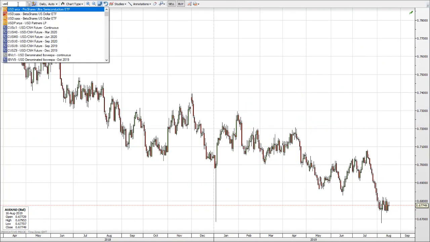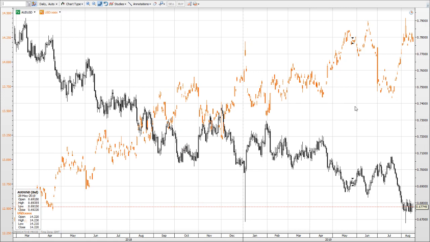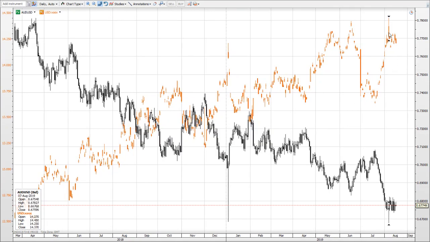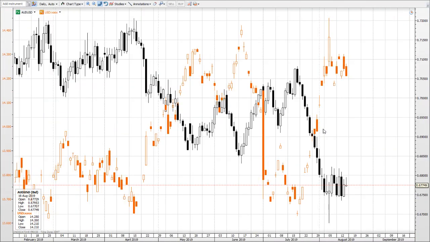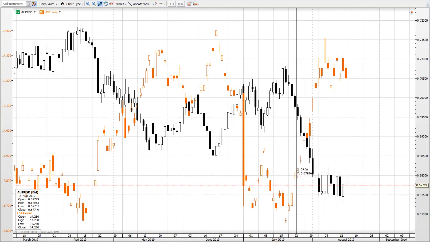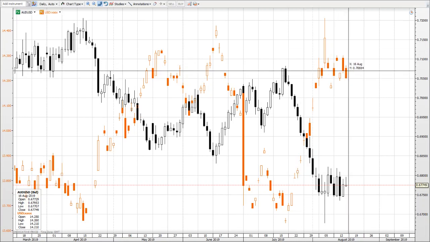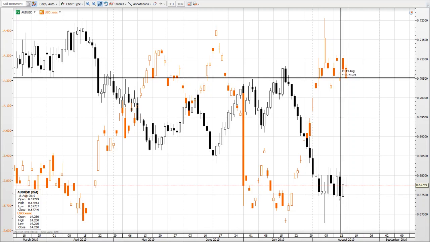So that, to me, indicates that the Australian dollar is really not doing too well, because with the US dollar performing so weakly and the Australian dollar still failing to break above the resistance that it's formed, I don't think that really bodes too well for the Australian dollar. You look at that kind of comparison.